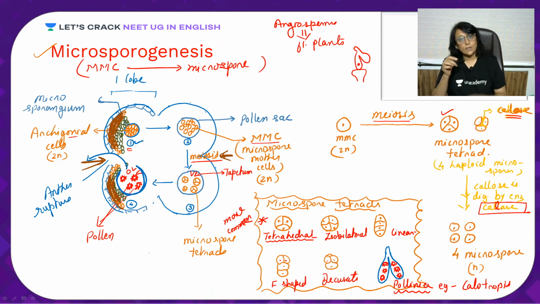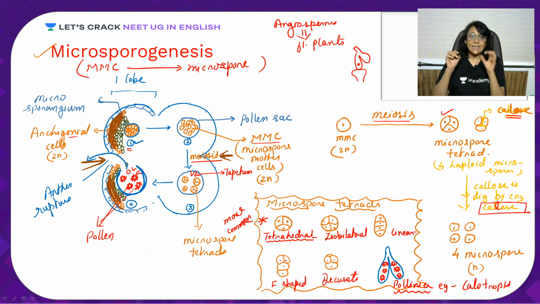The anther matures further, and each microspore mother cell undergoes one meiotic division. So one meiotic division will result in formation of 4 microspores. So microspores are going to be haploid because they are formed as a result of meiotic division.